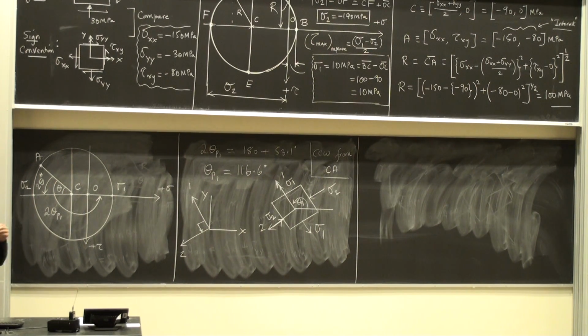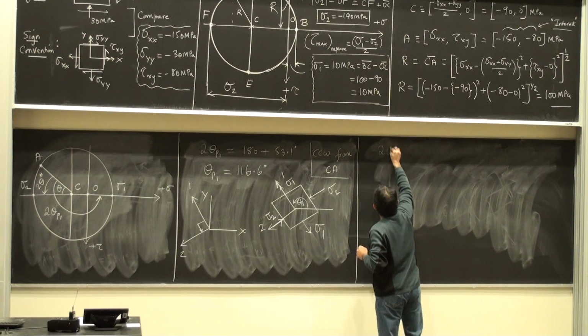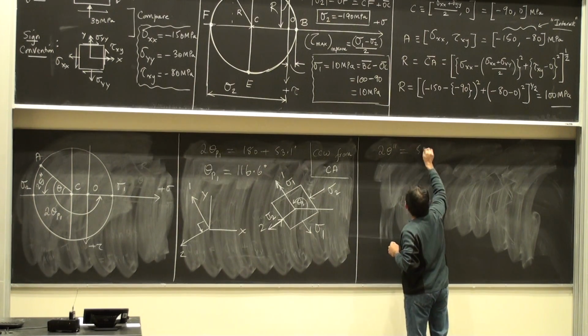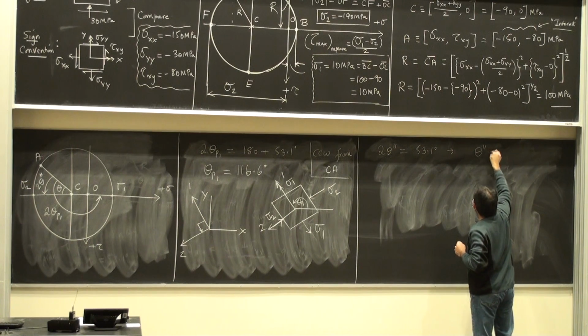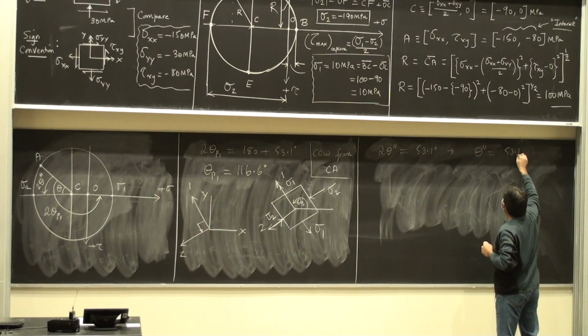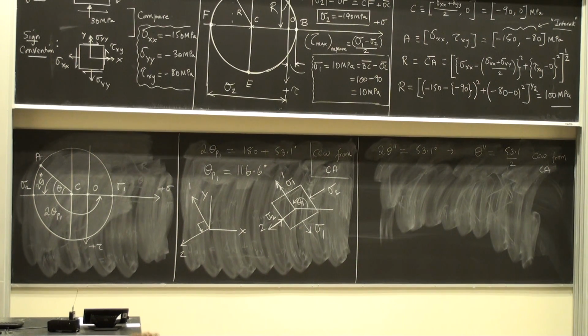So that has to be established at the outset itself, which is sigma 1, which is sigma 2. The larger signed value is sigma 1. So if I go this way, 2 theta double prime is 53.1, so theta double prime is CCW from the x-axis, but it is important to realize that I'm going to sigma 2.